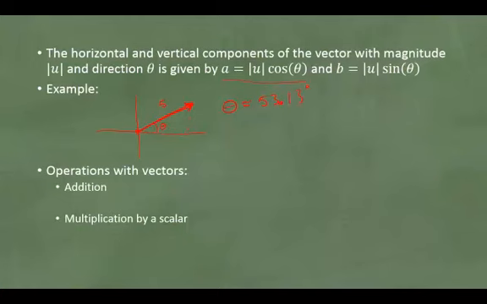Then how can we find the x component, which we're calling a now, and the y component, which we're calling b? Well, to find x, all we're going to do is use a is equal to the magnitude, which is 5 cosine of 53.13 degrees. And to find y, it's 5 sine of 53.13 degrees.